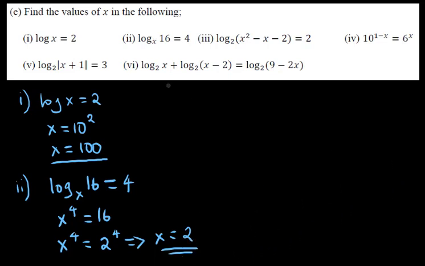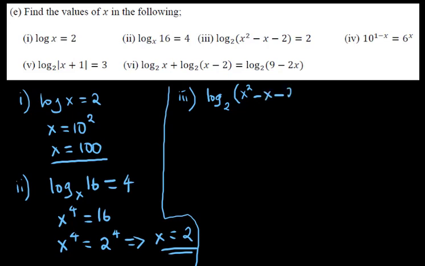For question 3, we have log to the base 2 of x squared minus x minus 2 is equal to 2. When you write this in exponential form, this is x squared minus x minus 2 is equal to 2 raised to the power 2.